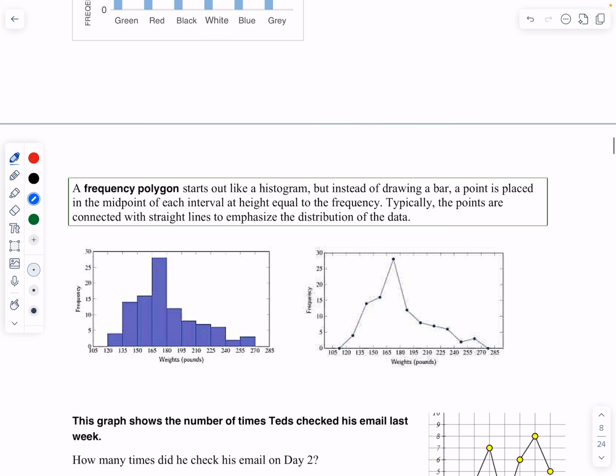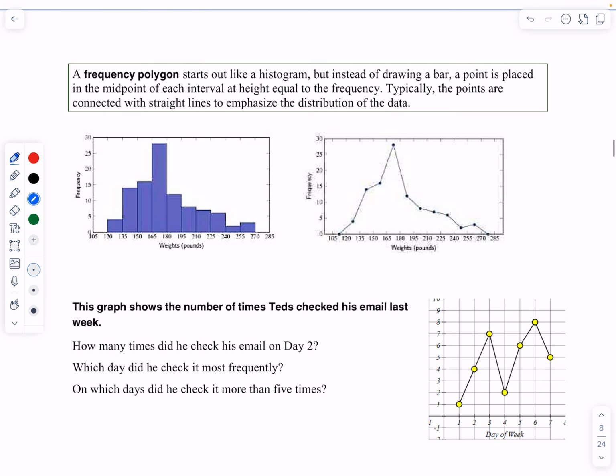A frequency polygon starts out like a histogram, but instead of drawing a bar, a point is placed in the midpoint of each interval at the height equal to the frequency. Typically, the points are connected with a straight line to emphasize the distribution of data. So guys, what they're doing here, and I'll do this in red, is at the top of each bar, right in the center of the bar, we're putting points.